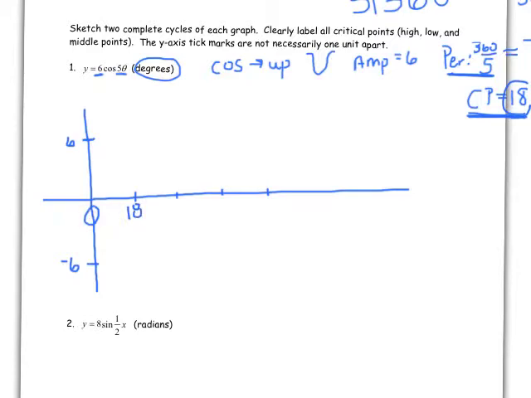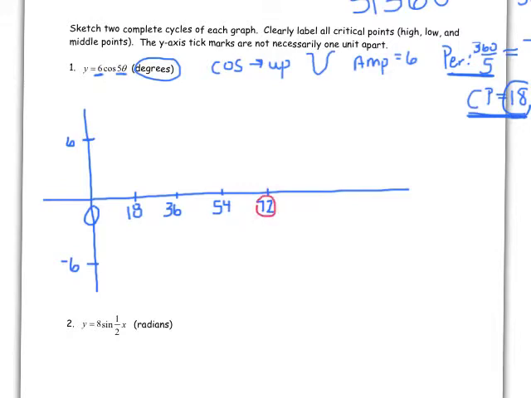Add another 18, that's 36. Add another 18 is 54. And add another 18, that's 72, which matches the period of 72. So I know at this point I should complete 1 period. Let's make a note right there that this is where 1 period is going to complete.